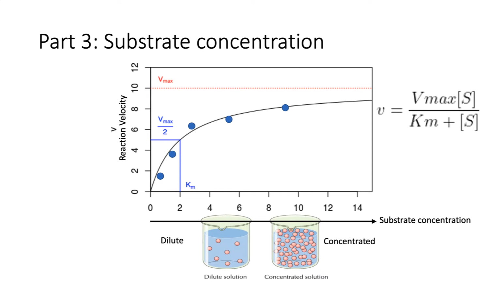Okay, so we'll fit that line to these data points and get something like that, and we'll be able to calculate all of these values here, including Vmax and the Km. Okay, and really what we're interested in for this lab is just the Vmax, the maximum rate at which the reaction happens, and we'll be able to estimate that using the data points on this line.